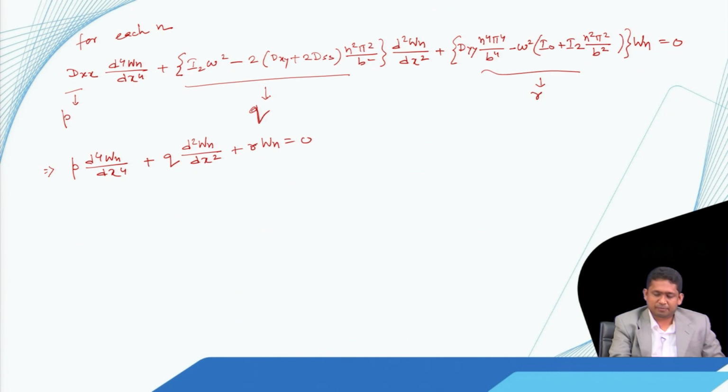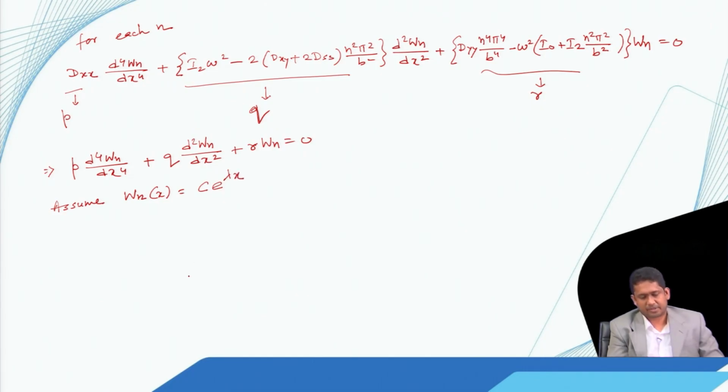Now we have seen before, for solution of this type of equation, we assume a solution of this form. So let's assume the solution of this equation to be wn as a function of x equal to c into e to the power lambda x, and then if I put everything in this differential equation, we get an algebraic equation of lambda.